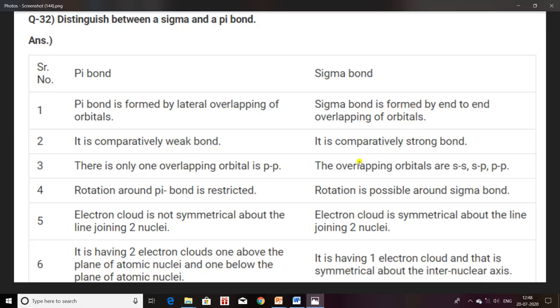On the other hand, sigma bond is comparatively strong bond. Pi bond is formed by sideways overlapping of pp orbitals. On the other hand, sigma bond is formed by end-to-end overlapping of ss, sp, pp orbitals. In pi bond, rotation around pi bond is restricted.